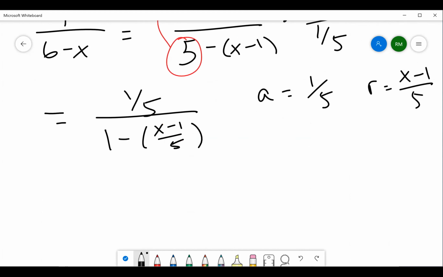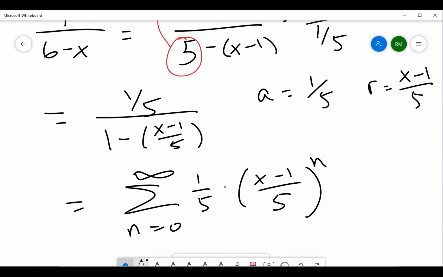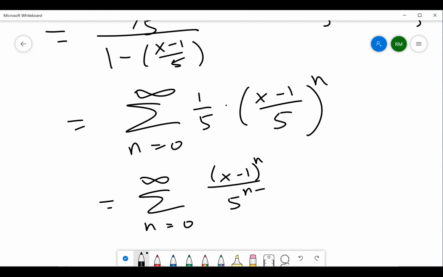And so then this series becomes the sum from n equals 0 to infinity of 1/5 times ((x minus 1)/5) to the n, which if I simplify a little further, becomes (x minus 1)^n over 5^(n+1).